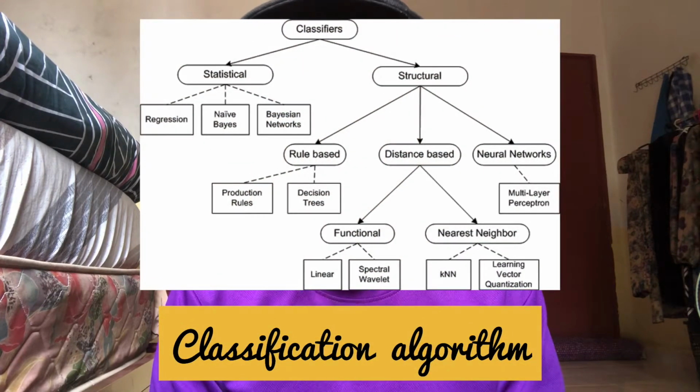Okay, thank you, Hazmin. So today I and my friend Husna are going to explain about classification algorithms. There are a few types of classification algorithms that we are going to use in data mining.